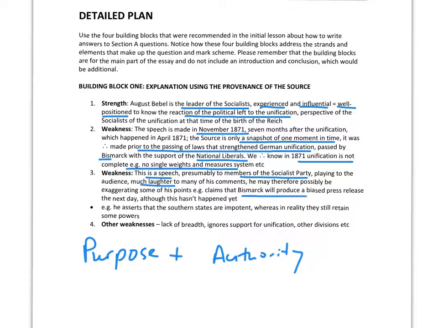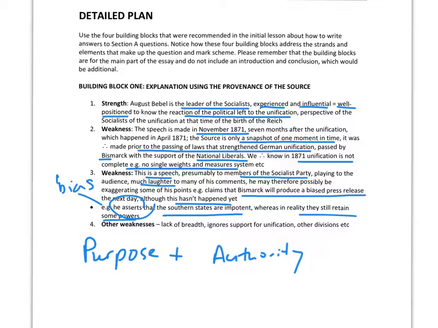He claims that Bismarck will produce a biased press release the next day, although that hasn't happened yet. He asserts that the southern states are impotent, whereas in reality they actually did retain some powers. That is a good example of bias, isn't it? Don't just assume because it's a source it's going to tell the truth. If you do identify bias, either because he tells a deliberate lie or because he twists the truth to suit his purpose, then it's really important you go for that and fill in the gap.